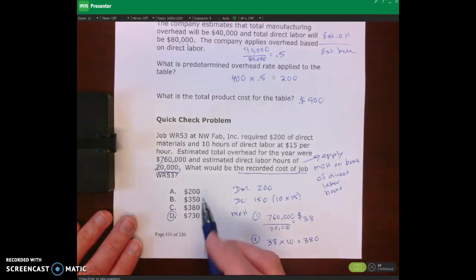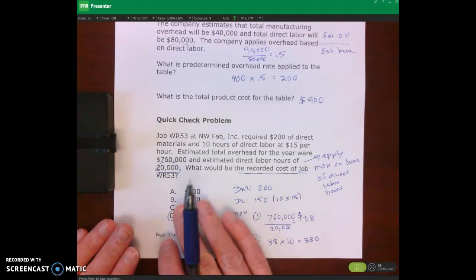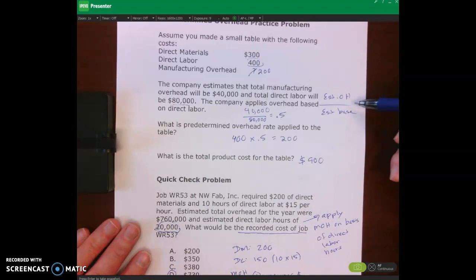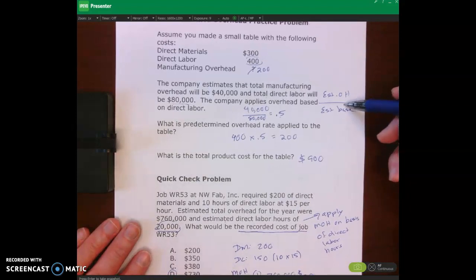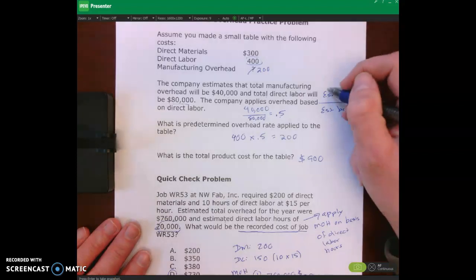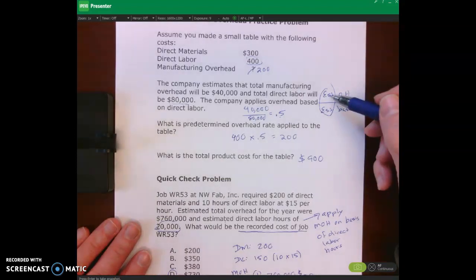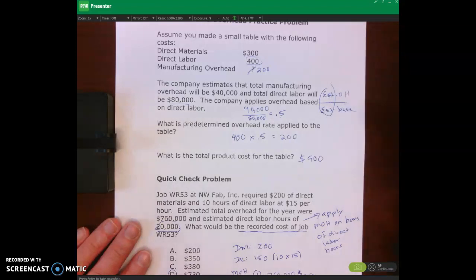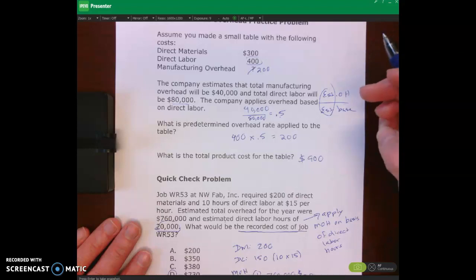Okay? The other thing that I wanted to comment on is when we look at how to calculate the rate, remember it's estimated overhead divided by estimated allocation base. Why do we use estimated? We use estimated, not actual, but estimated or budgeted to make it easier for budgeting and for pricing products.